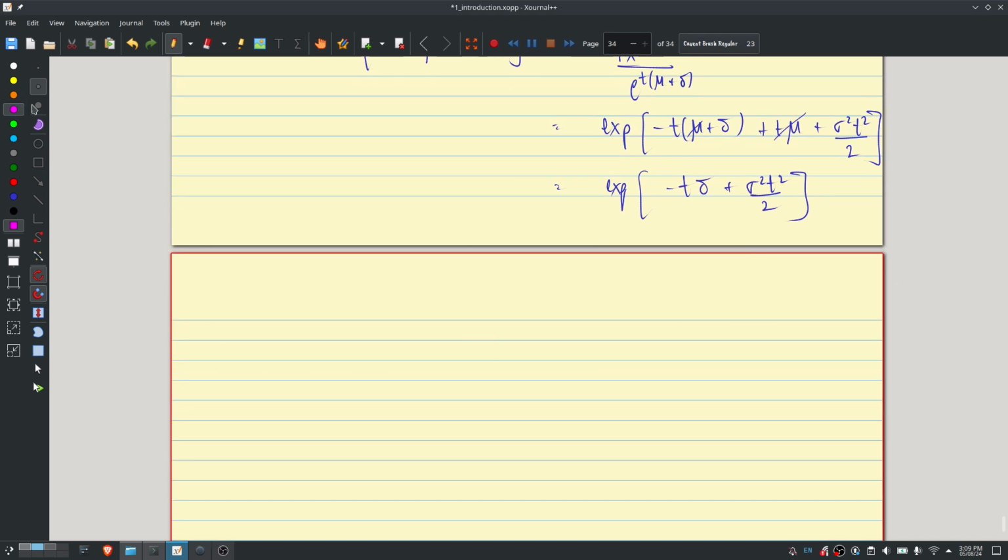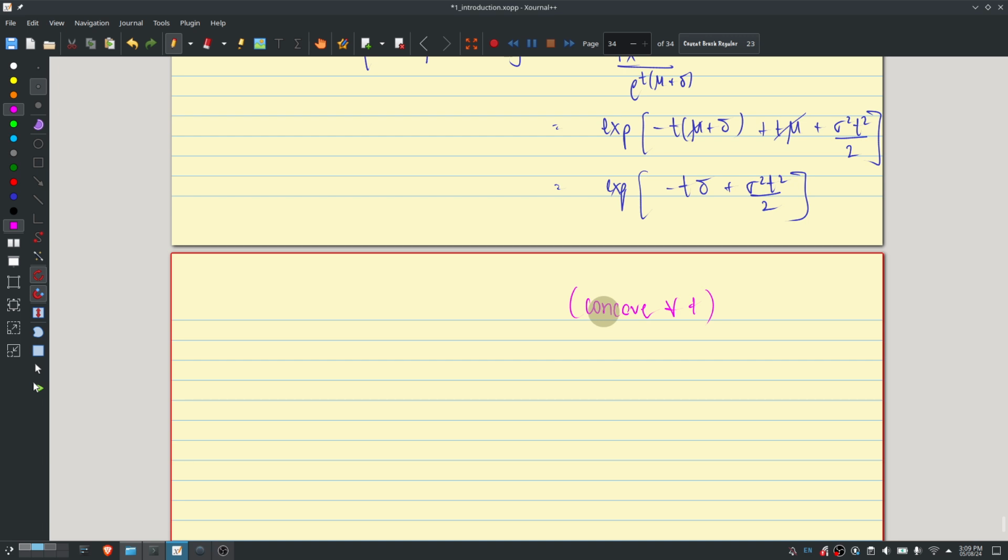So this is concave for all t. How do you verify whether a function is convex or concave? Take the second derivative, and in this case, what is the second derivative equal to? Sigma square.